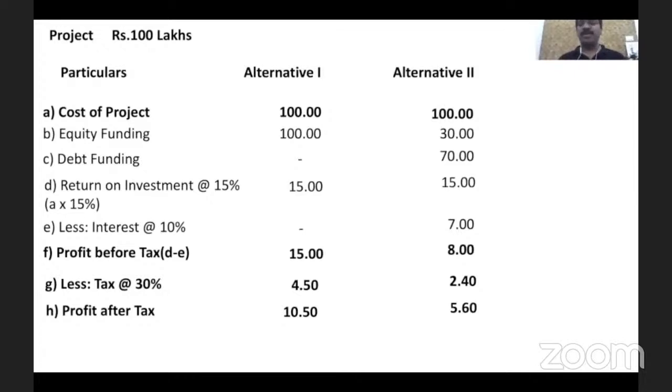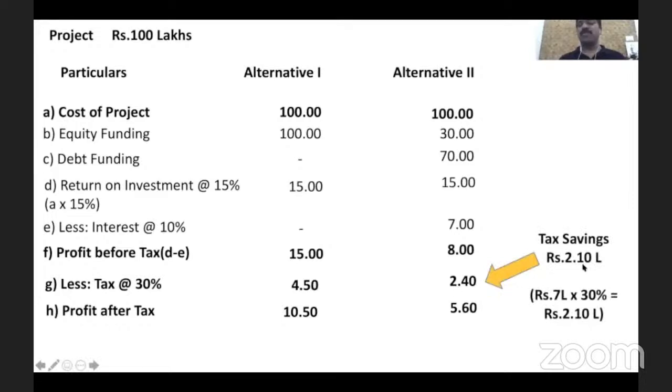But in scenario 1, my profit is 15 lakhs, I have no other expense, so my entire profit of 15 lakhs is subject to tax at the rate of 30%. So by having interest in my cost structure, my profits are comparatively lesser, and so are my taxes. Look here, instead of 4.5, I'm paying only 2.4. It means there is a tax saving of how much?